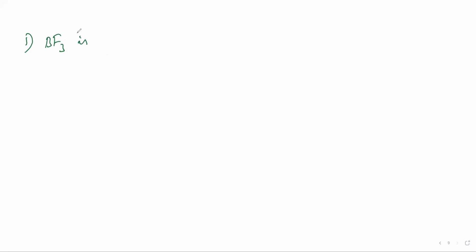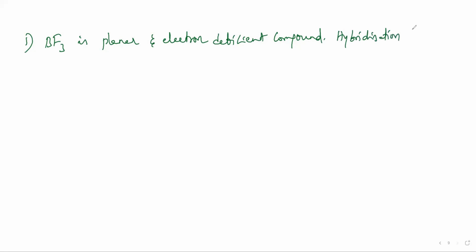BF3 is a planar and electron deficient compound. Now this is the question: hybridization and number of electrons around the central atom.